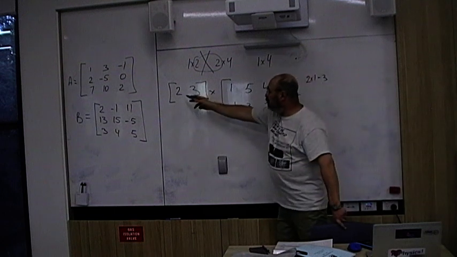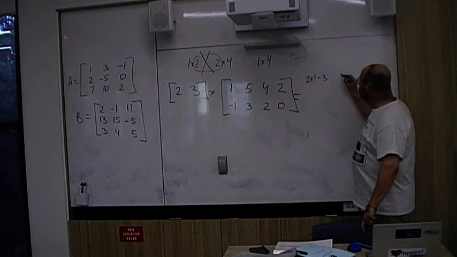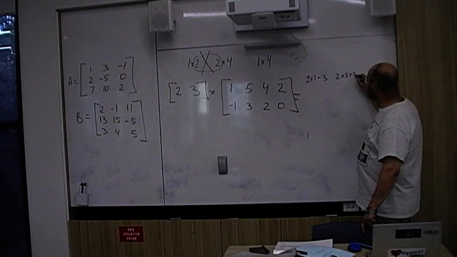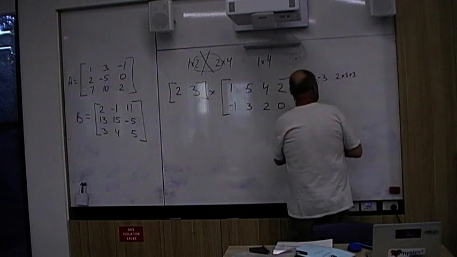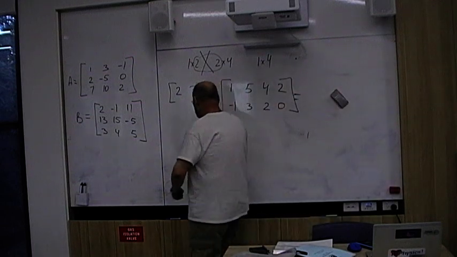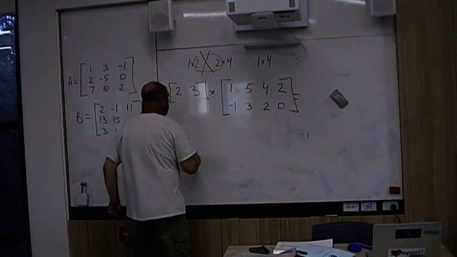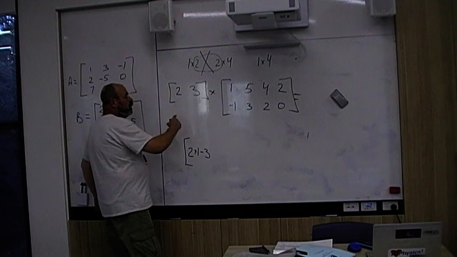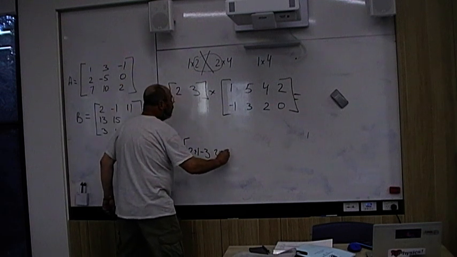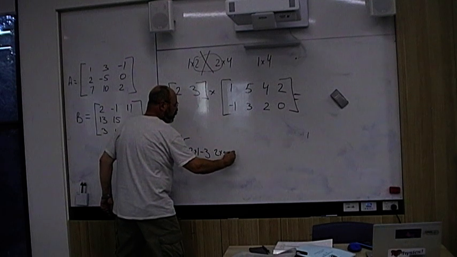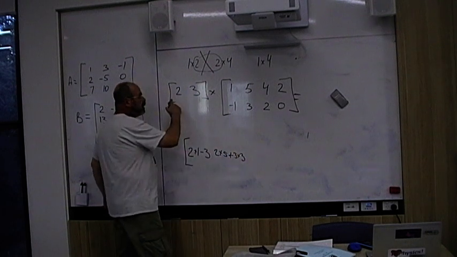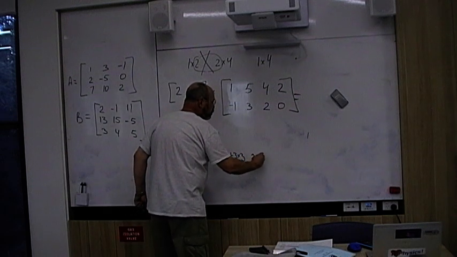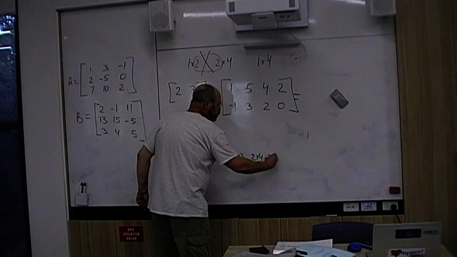Then we do again first row by second column: 2 times 5 plus 3 times 3. Next, first row, third column: 2 times 4 plus 3 times 2.